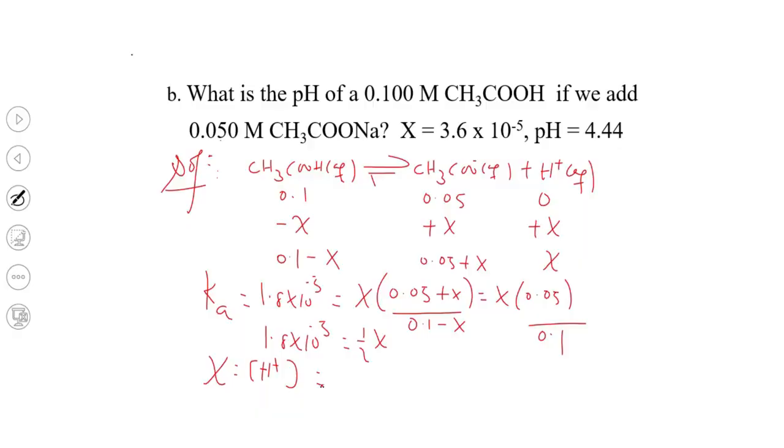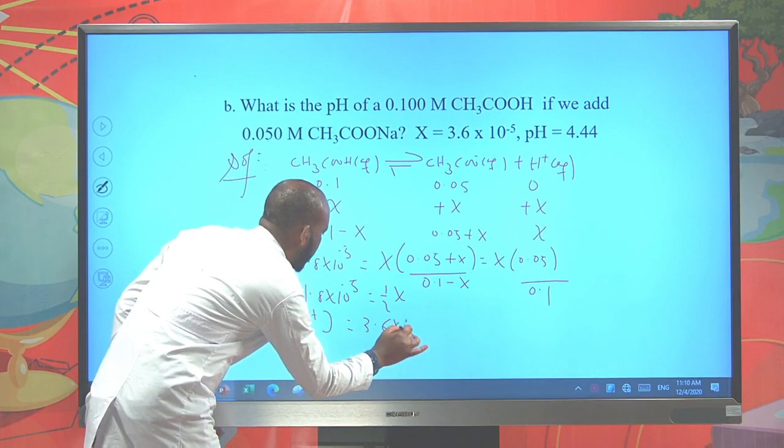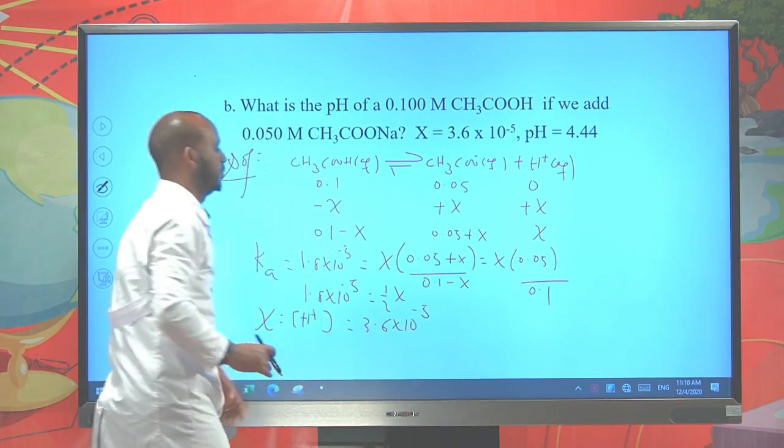This is H+ equal to 3.6 times 10 raised to minus 5.